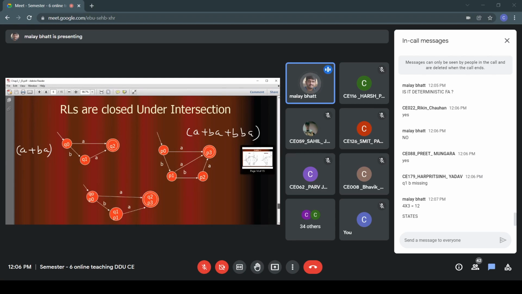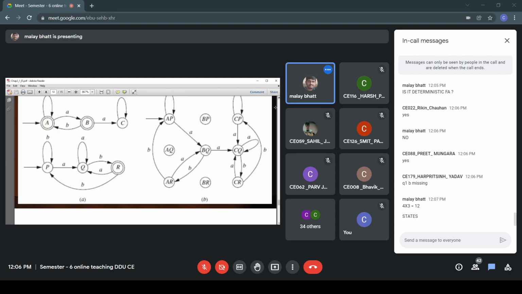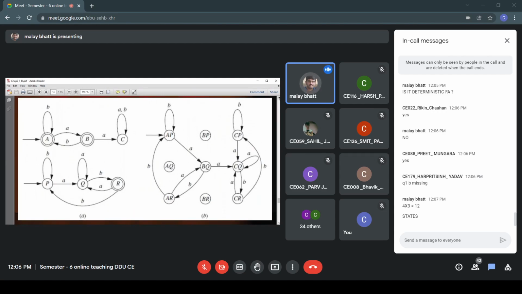Okay, now let us see one more diagram. Can you identify the first language and the second language in this diagram? Again, we have two languages, L1 and L2.